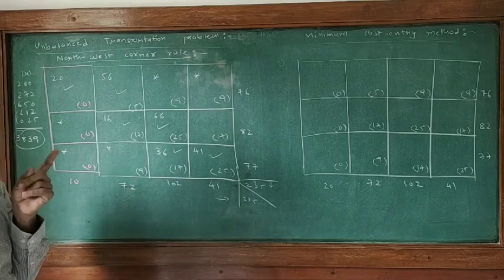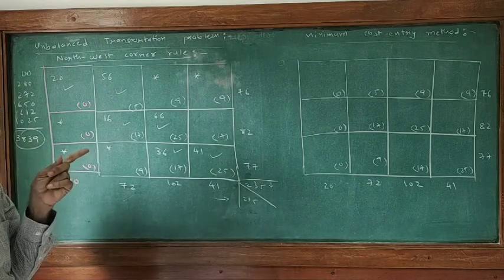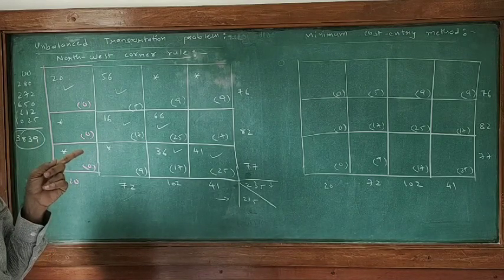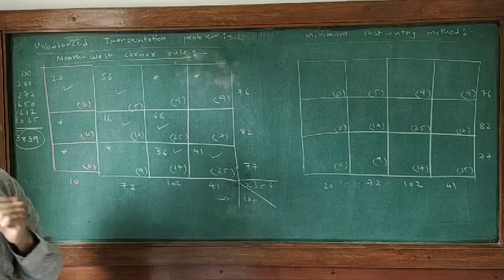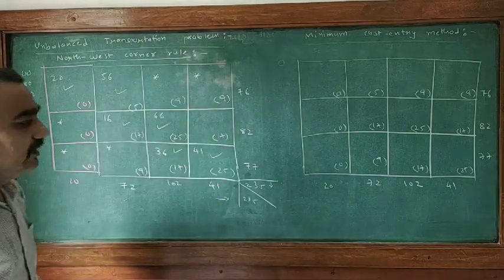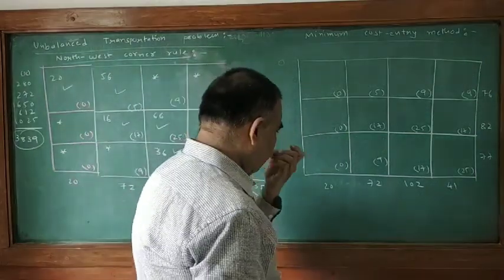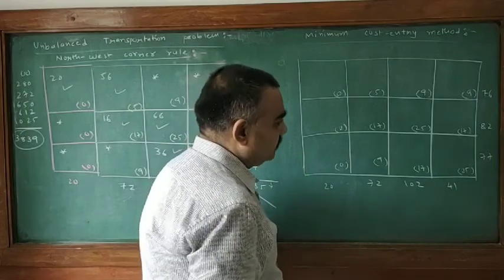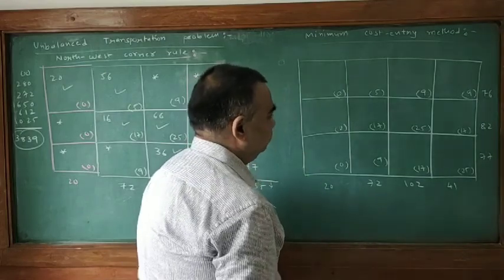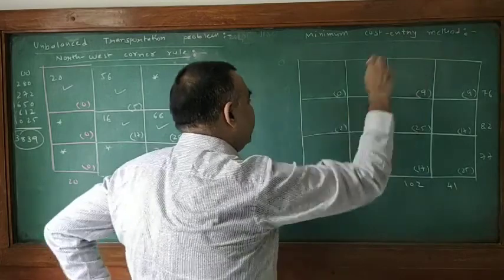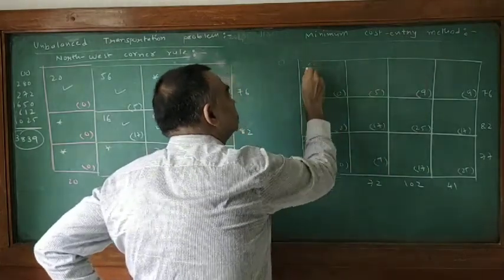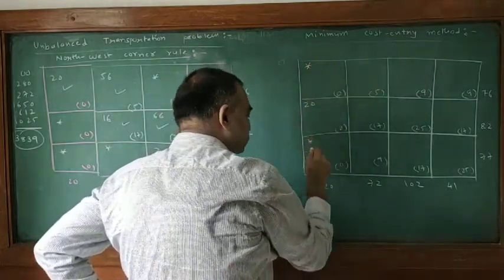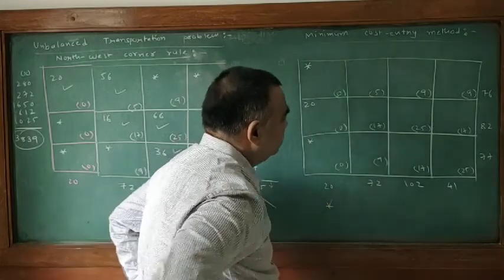Now I would like to solve this by the minimum cost entry method. So minimum will be the 0, and we can use either of the solutions. So I enter it here. So this is over, this is done.